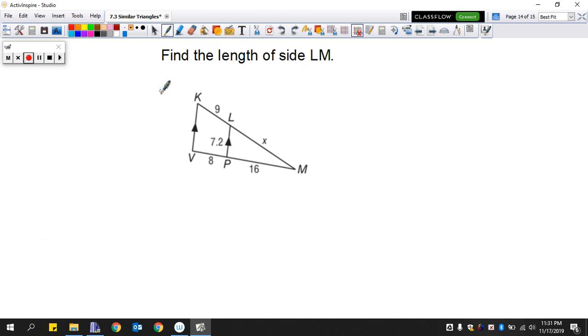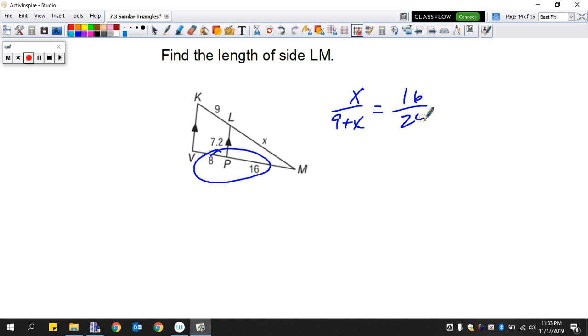Next triangle. We have x over 7.2, I'm sorry, x over 9 plus x is equal to 16 over 8 plus 6, which is 24.